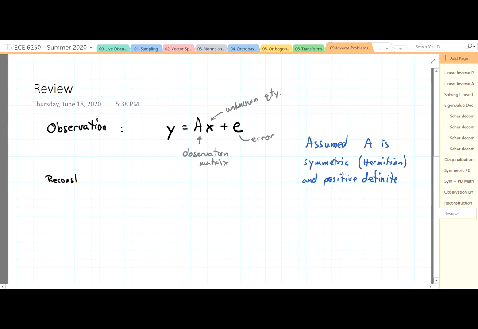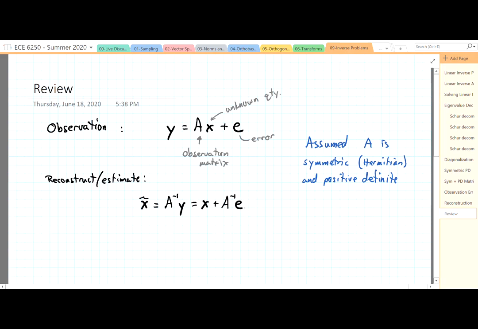So we can reconstruct or estimate, depending on how you view this, x tilde is equal to A inverse y, which is equal to x, yay, plus A inverse E.